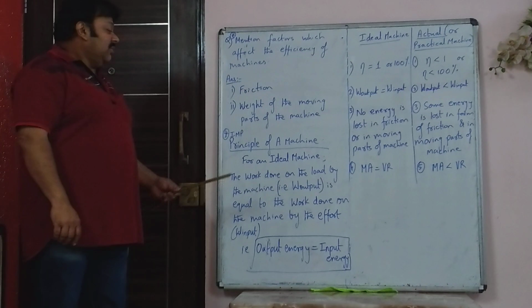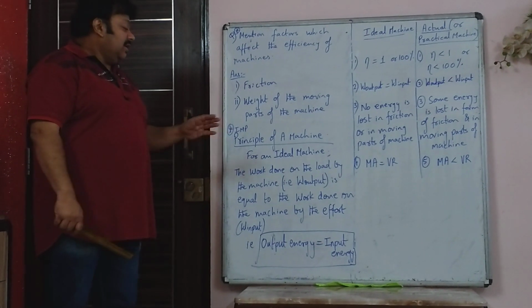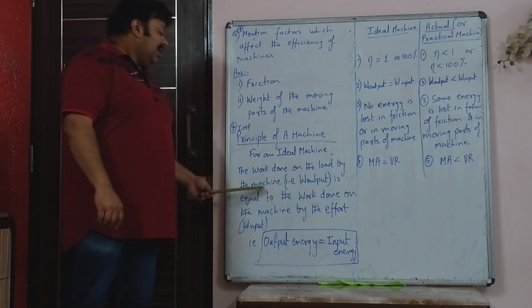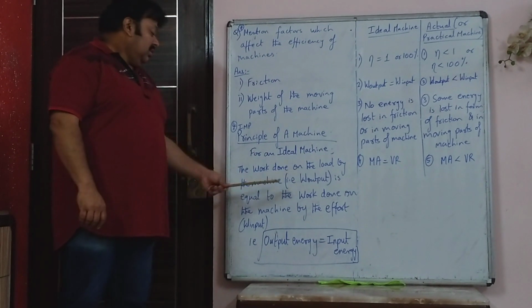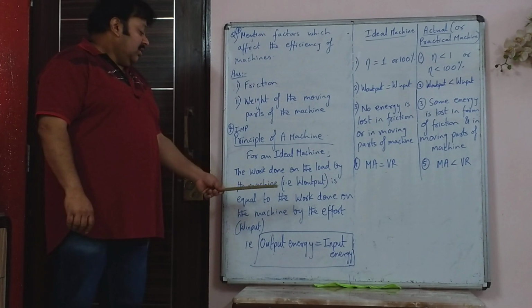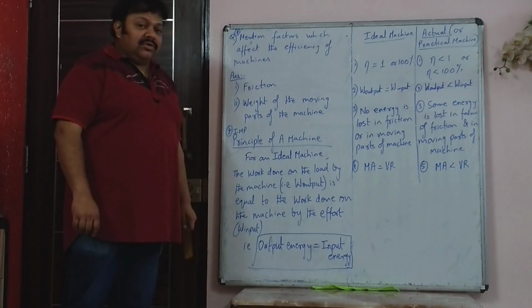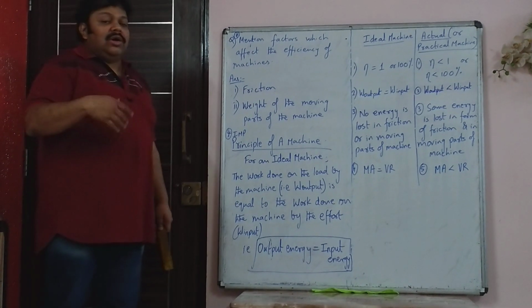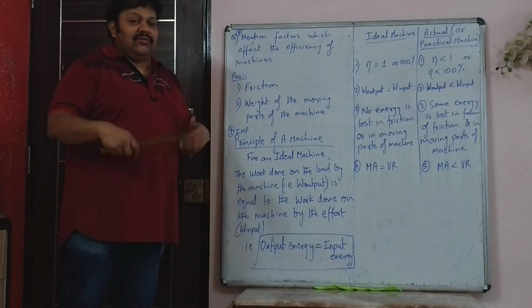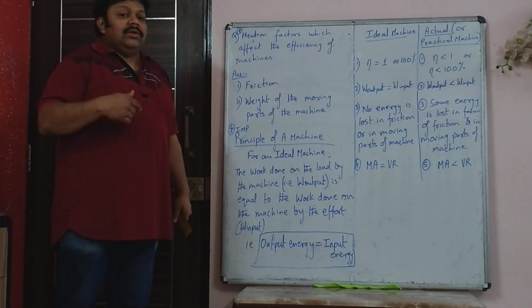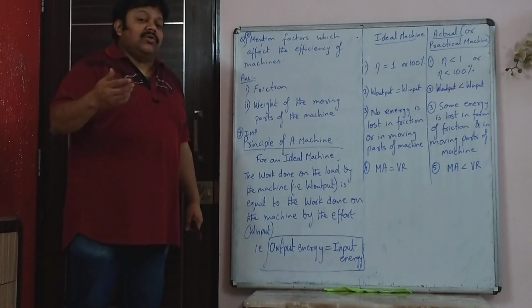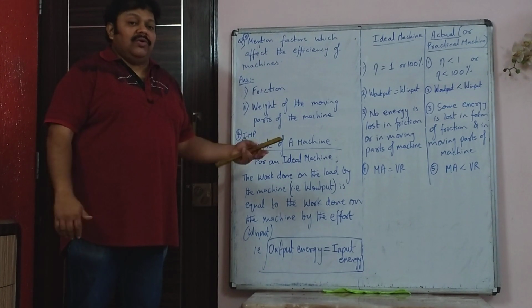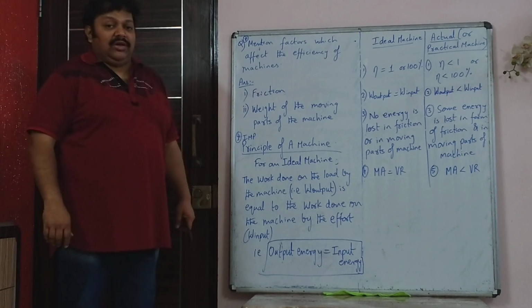Now principle of machine. It says that in an ideal machine, the work done on the load by the machine, that is the work output, is equal to the work done on the machine by the effort. So we basically say work output is equal to work input. Now work is equal to energy, that we have already seen earlier. How much work you can do, how much energy you have. So if you have done 10 joule of work, that means you have lost 10 joule of energy.